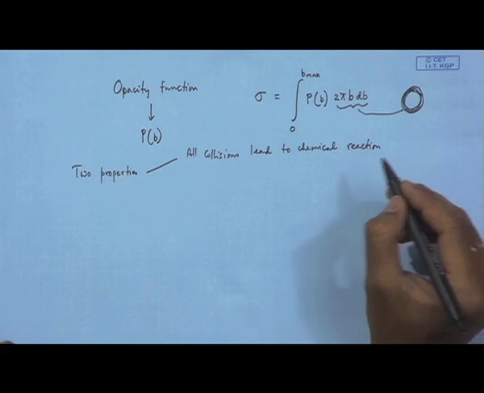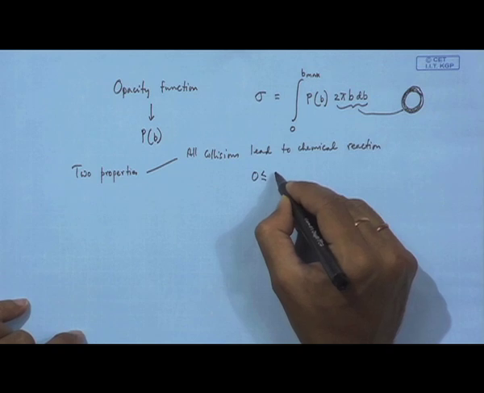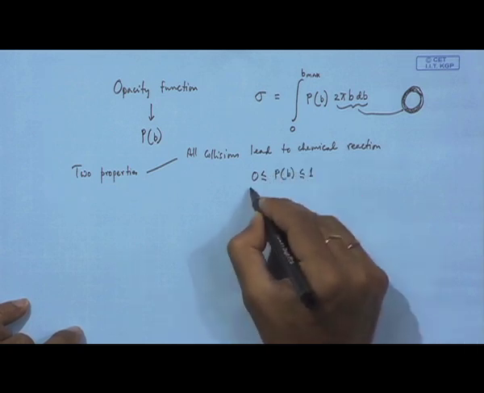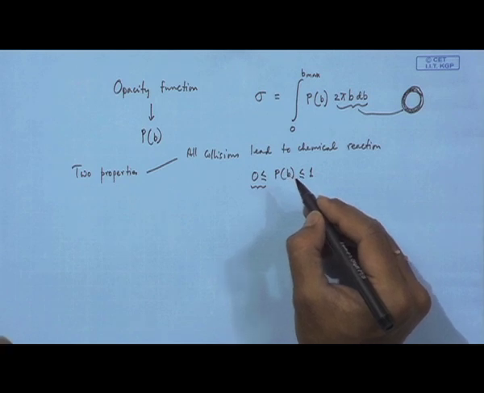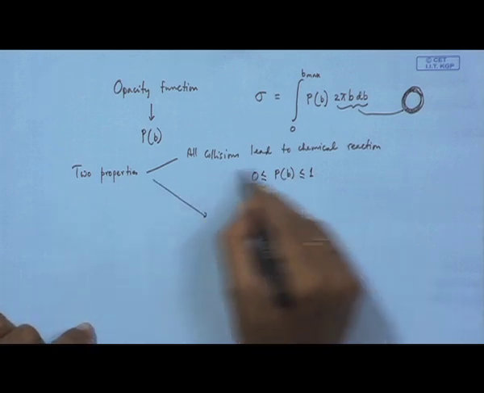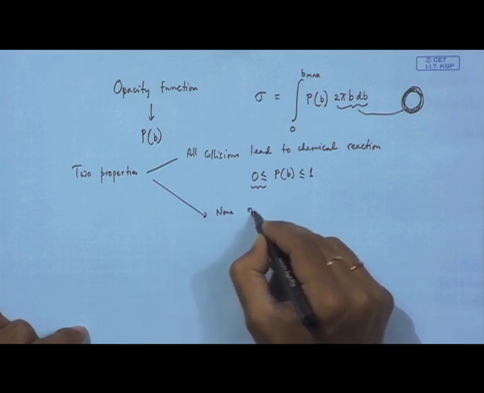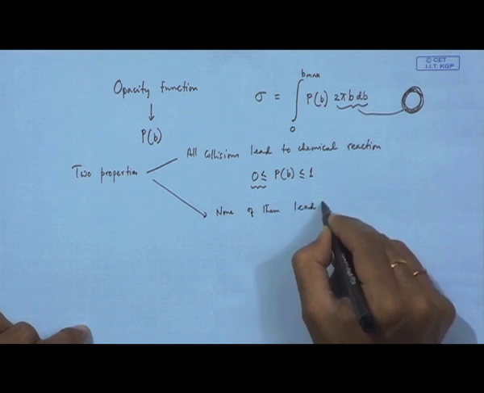So, that means this value will be 0 less than or equal to P B less than or equal to 1. I mean, when this is 0, the other possibility is that none of them lead to reaction.